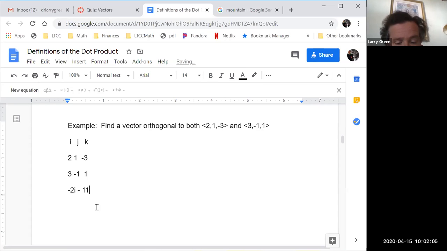So minus 11 J. And for the K component, you'll have 2 times -1 minus 1 times 3, which is -5. Minus 5 K. And if you want to write in pointy bracket notation, that's -2, -11, -5.